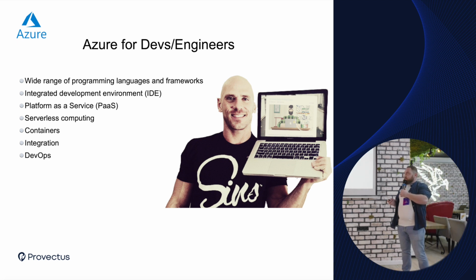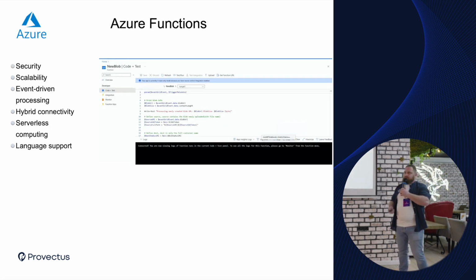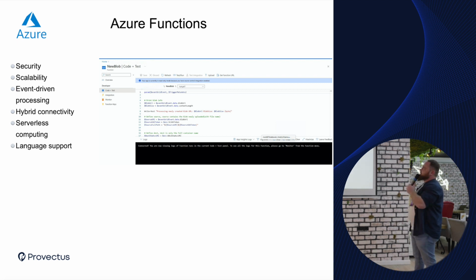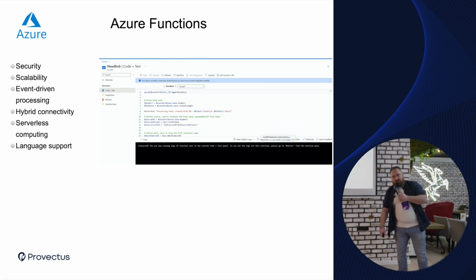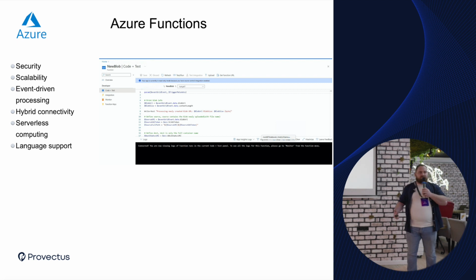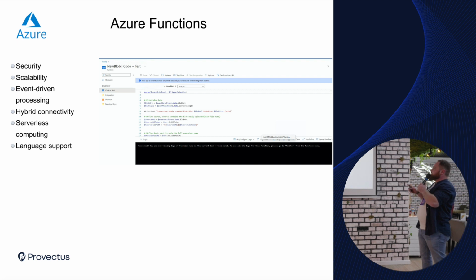But today we will talk about just a few of them, and let's start with Azure Functions. Azure Functions is the event-driven system in Azure for hosting and developing your code. It provides you security, scalability, processing, hybrid connectivity. But today we will talk about the advantages and the key factors of Azure Functions.